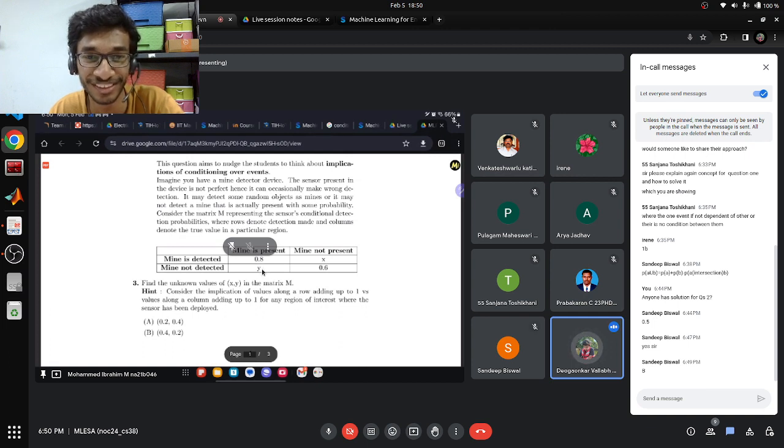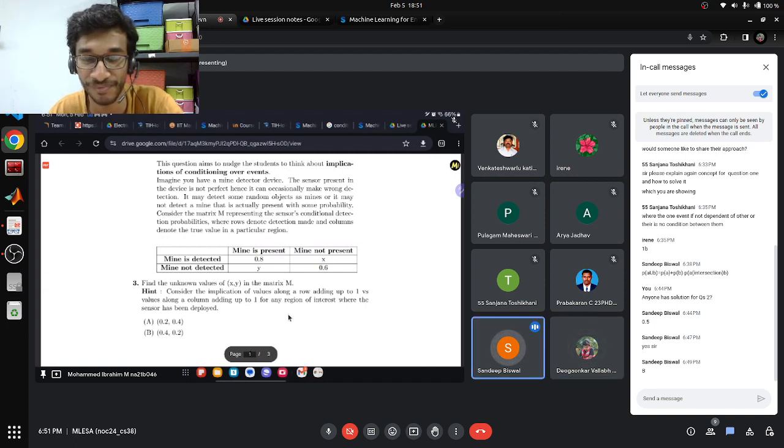So, what do you think is the implication of this column here adding up to 1? Pradeep?